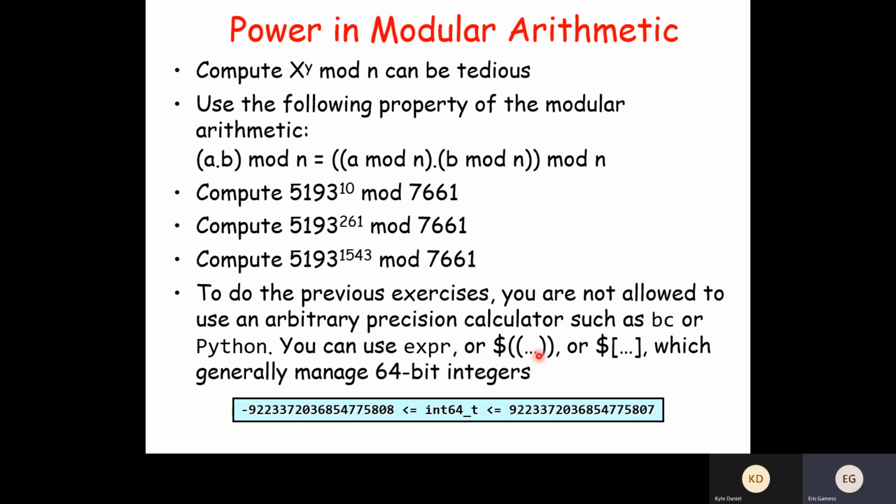Or in bash, we can put an expression between $(( and close it with )), and it will work. But the integers that we put here must be 64 bits, no bigger. So of course, this is much bigger than 64 bits. Which means that the integers that we manage with EXPR and this are integers in this range.